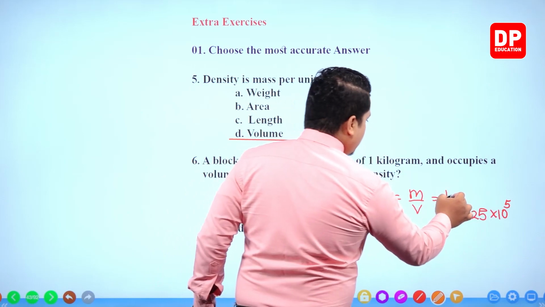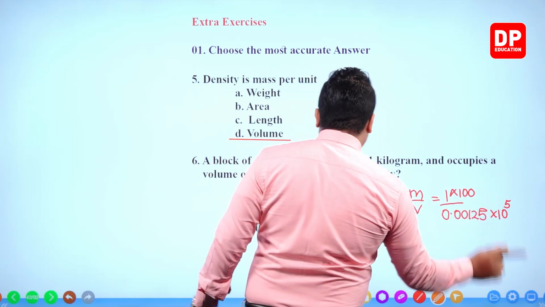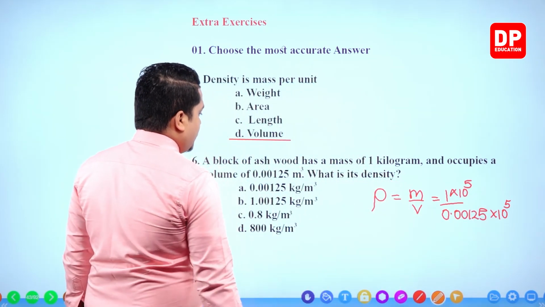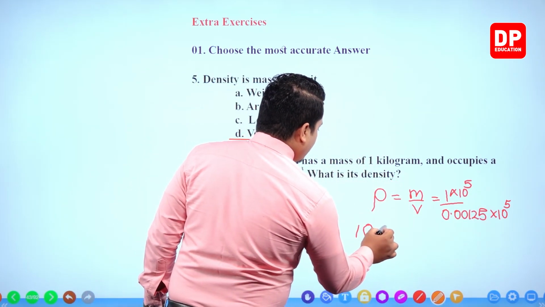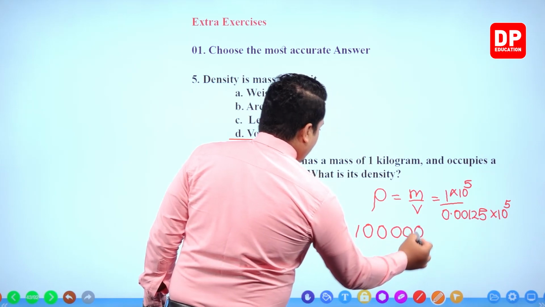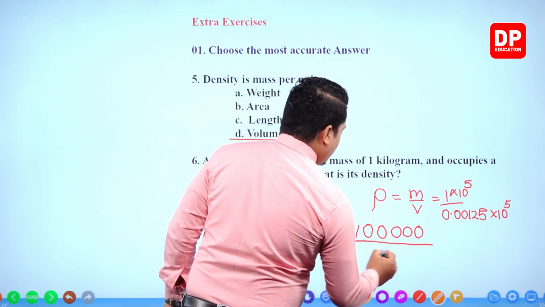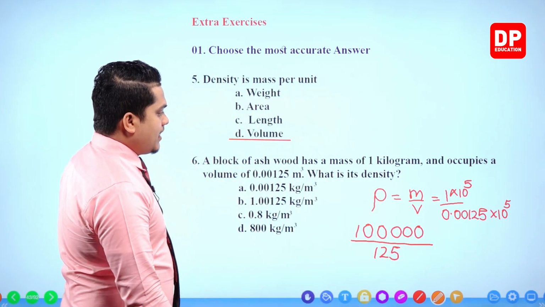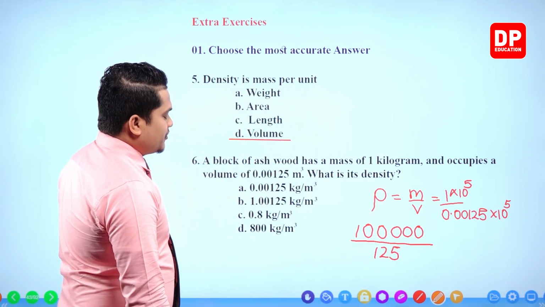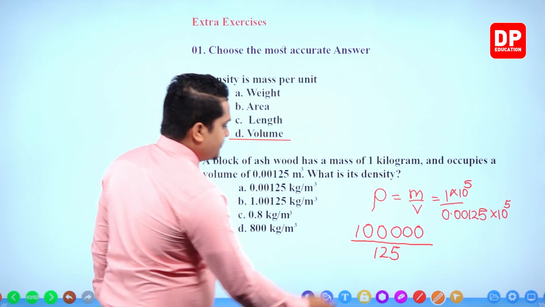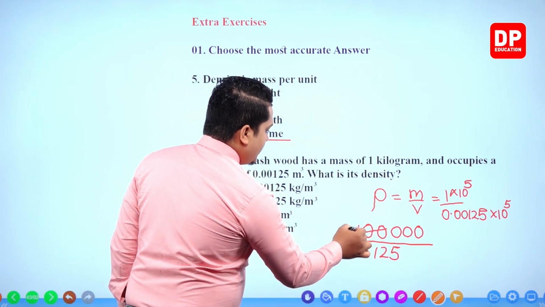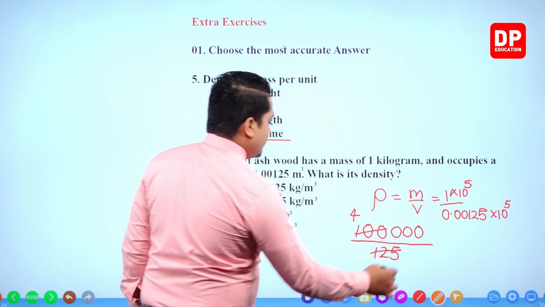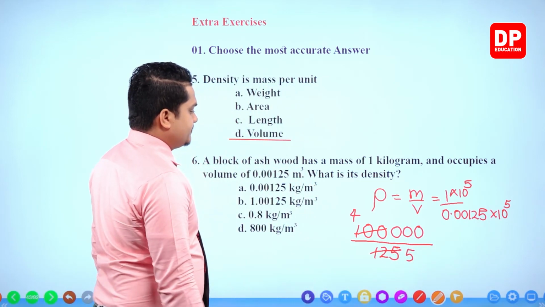So here, once again, 10 to the power 5, then it is equal to 100,000 over 125. So this is pretty obvious, my dear children. You know that in 100, there are 4 25s, and in 125, there are 5 25s.